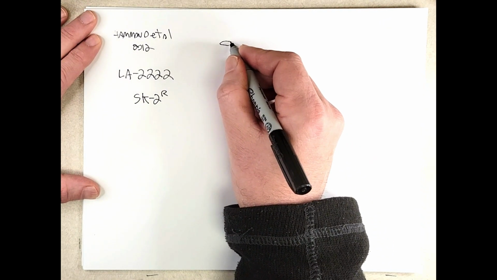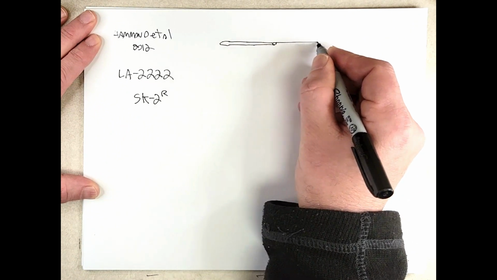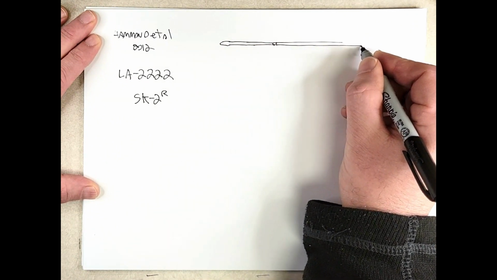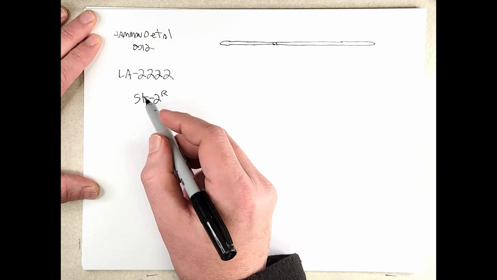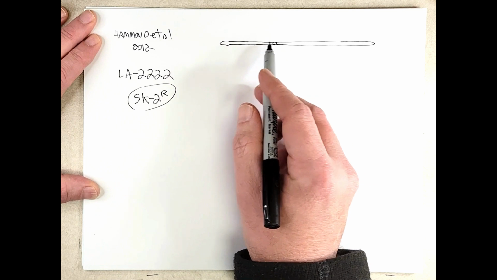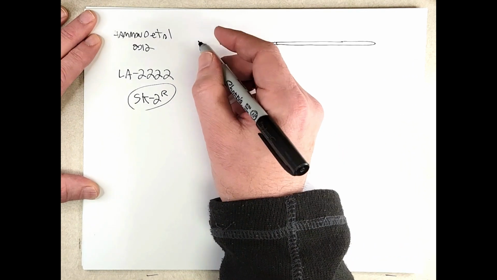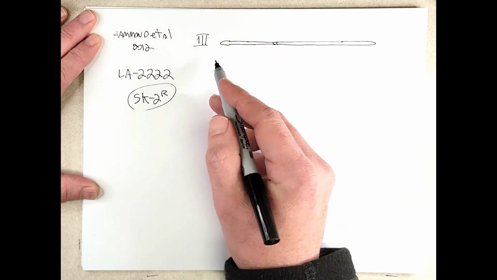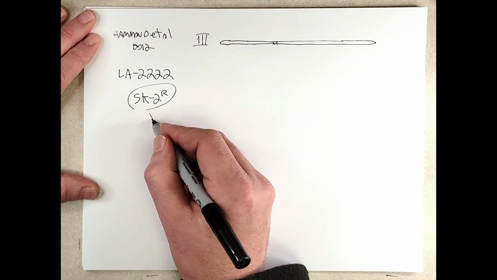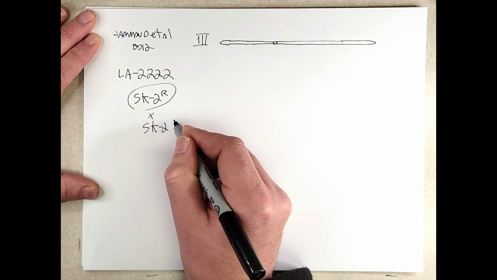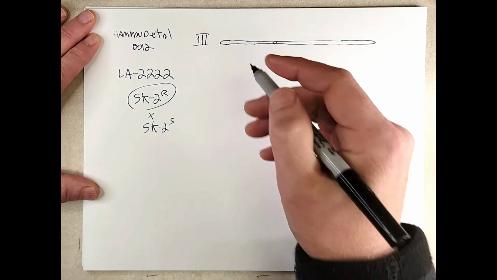And previously, researchers had shown that if this is chromosome 3, well, importantly, there's no recombination suppression with this strain. So there's no recombination blocked or recombination suppressed interval of chromosome 3. So crossing over works normally when, let's say, an SK2R strain is crossed with an SK2S strain. So recombination and crossing over works as expected.